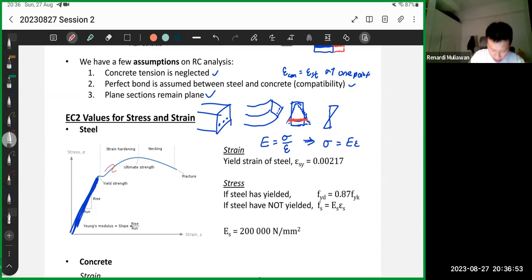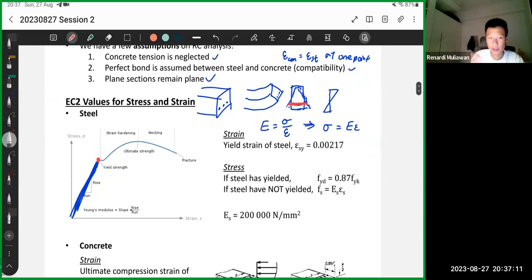But then we have this turning point called the yield strength. After this point, steel becomes plastic. When you pull the steel even more, it goes curvy, and the graph is not proportional. Of course, since it's plastic, it doesn't go back to its original shape. The point is, after the yield strength, the stress is not proportional to the strain. So it looks something like this.